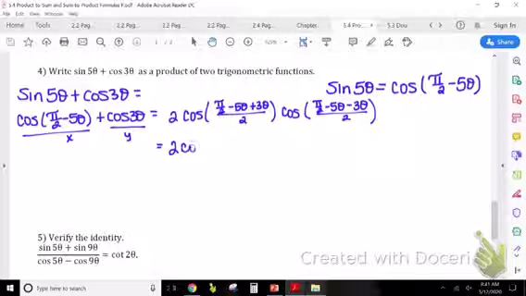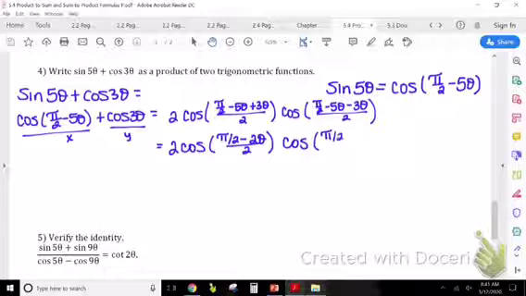So we have 2 cosine of pi over 2 minus 2 theta all over 2, times cosine of pi over 2 minus 8 theta all over 2. Like we've done in the others, I don't like fractions within fractions.